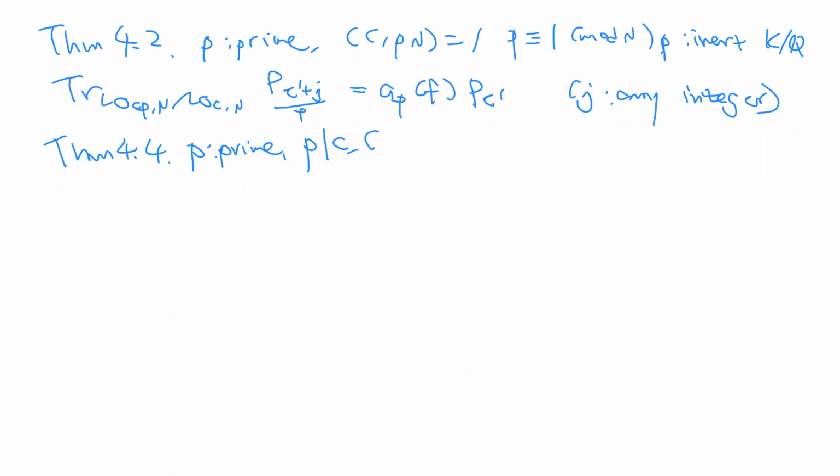And P is prime to N, and the discriminant of K over Q and so on. Then P is not necessarily inert, unlike this case.